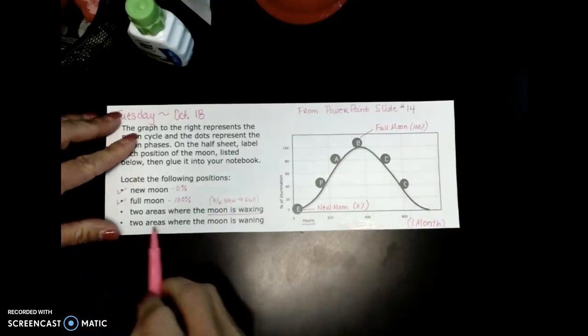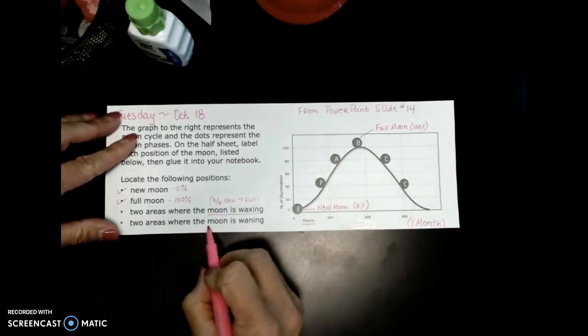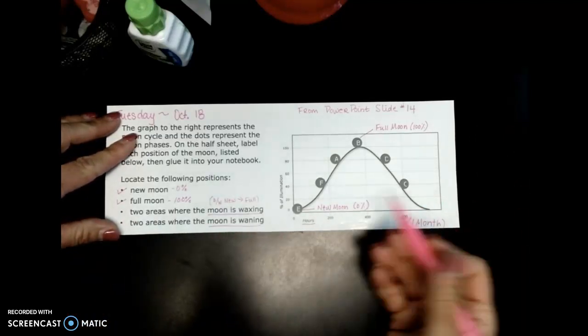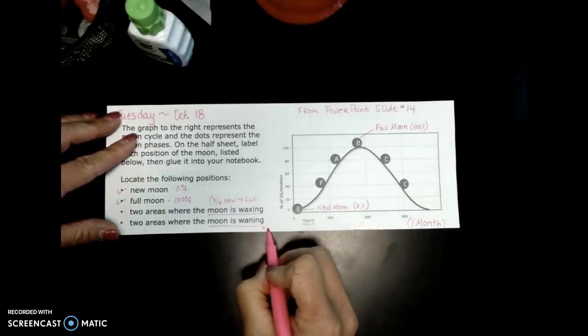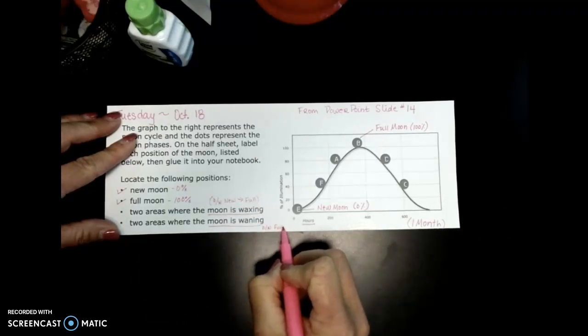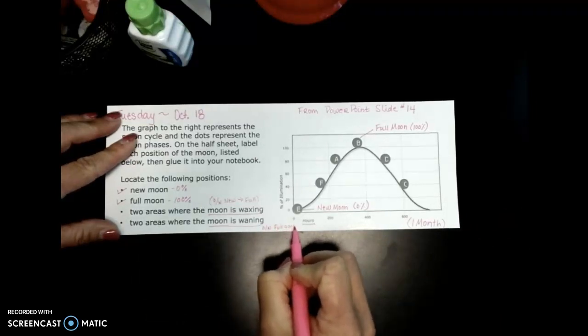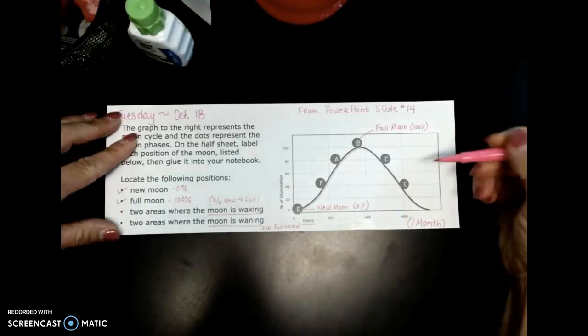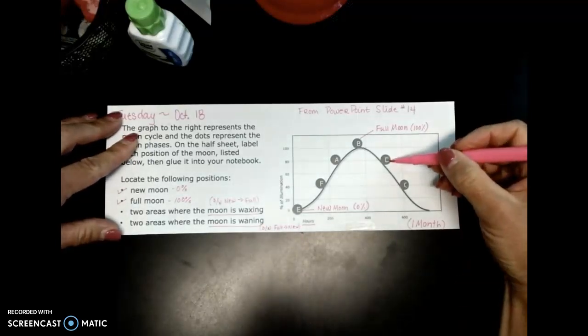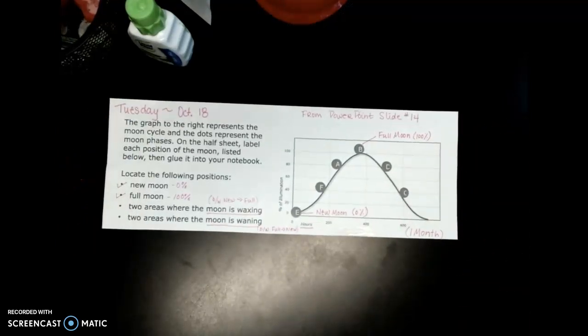And then the two areas where the moon is waning, we know that that takes place between the full back to the new. So that would leave us with the last two dots to label as the waning.